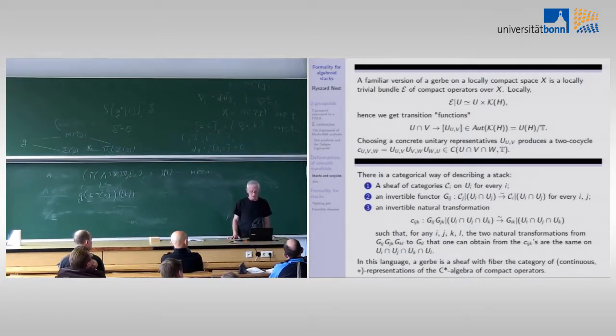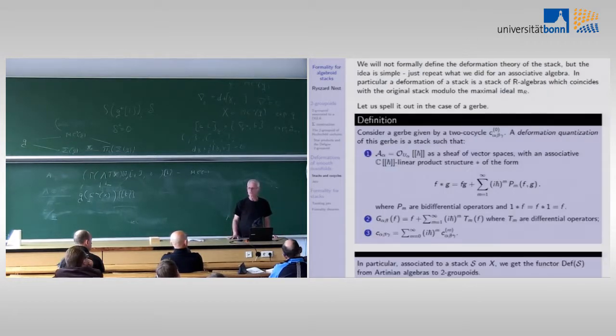A gerbe will be, in this case, a sheaf of categories which are categories of representations of compact operators. It's fairly trivial because there are very few representations of compact operators, so it's very simple. And all this data reduces to the standard notion of a bundle of compacts, or to the standard notion of a gerbe.